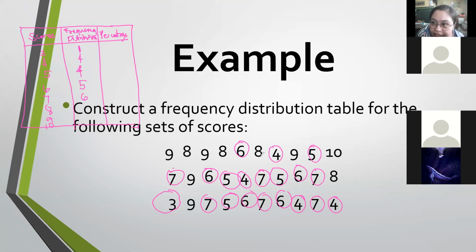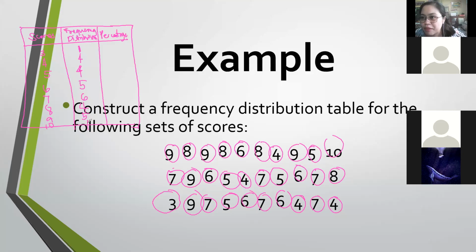And then for 8 na scores, we have 1, 2, 3, 4. So 4. And for the 9, we have 1, 2, 3, 4, 5. Okay. And the last one, 10, we only have 1. So that's how you construct the frequency distribution table.